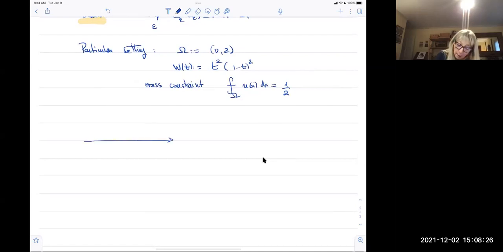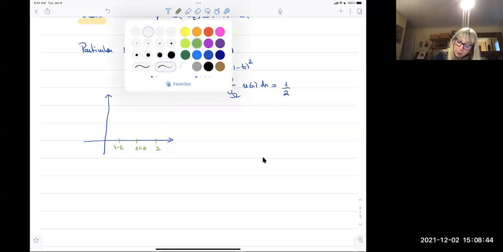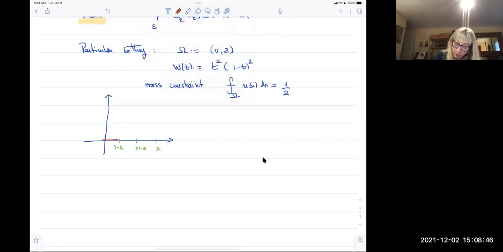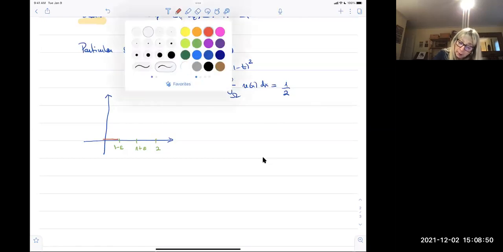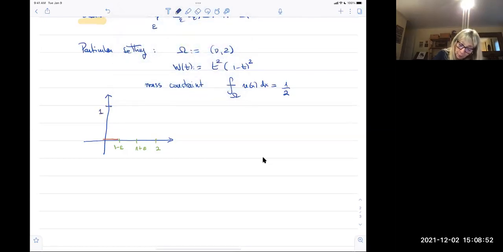And I'm going to come up with a competitor, if you wish, which is going to look like this. I'm going to put a 1 minus epsilon here, a 1 plus epsilon here, and then a 2 here. It's going to look like 0 up to 1 minus epsilon, and like 1 between 1 plus epsilon and 2.